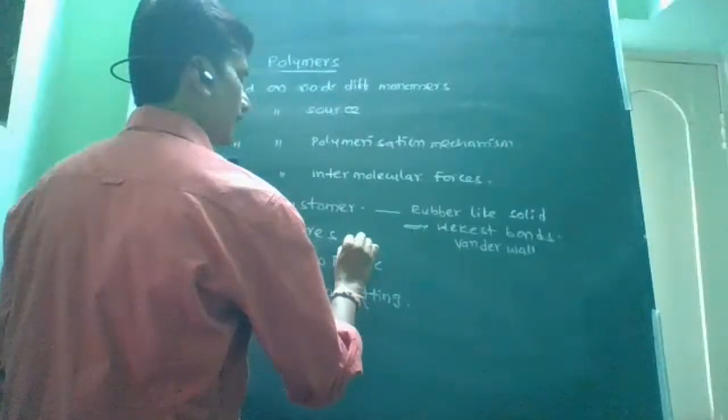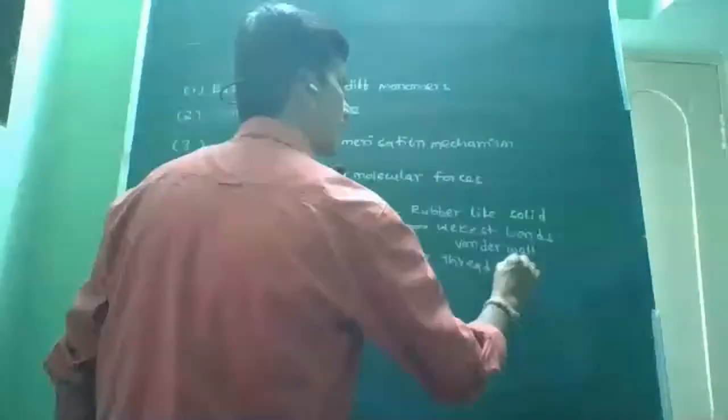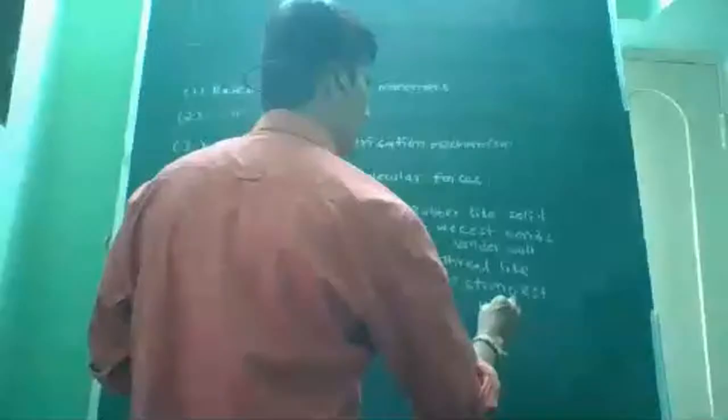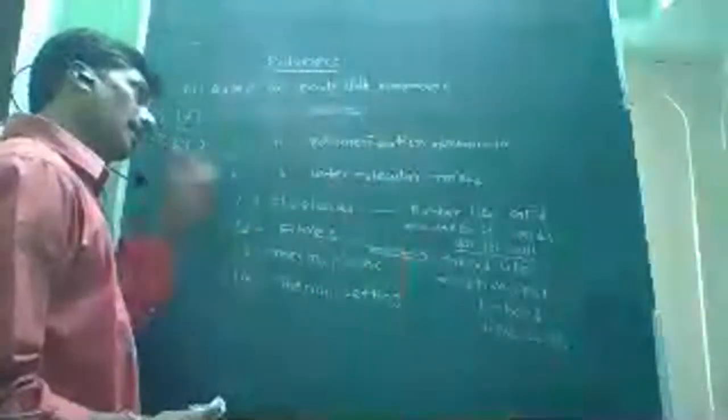Those thread-like substances having intermolecular forces like hydrogen bond come under the elastomers.